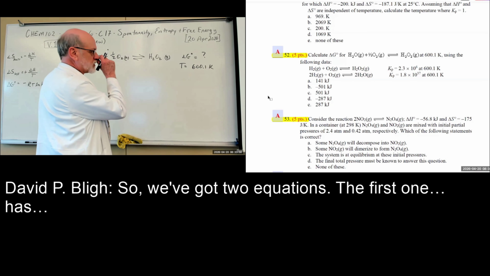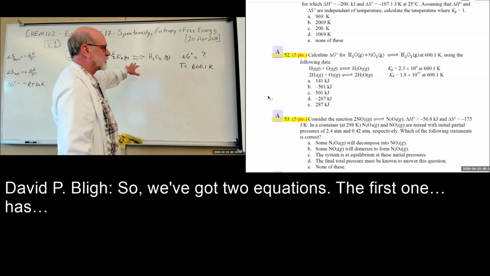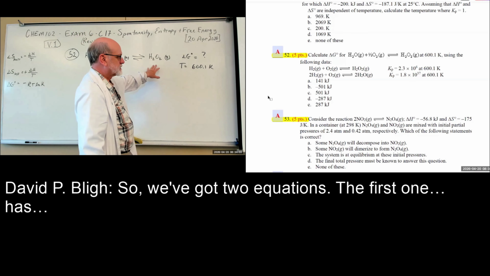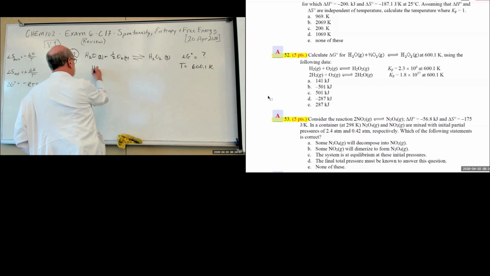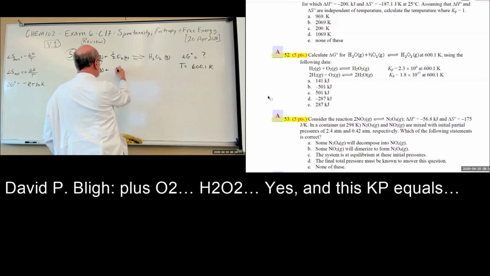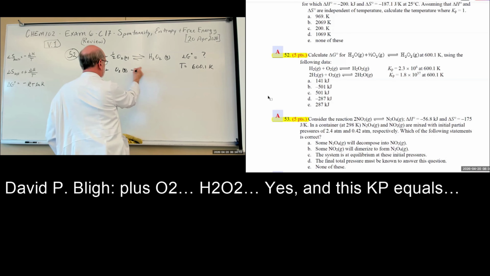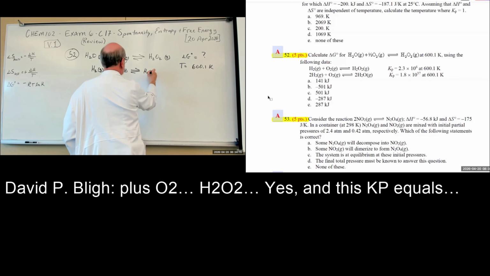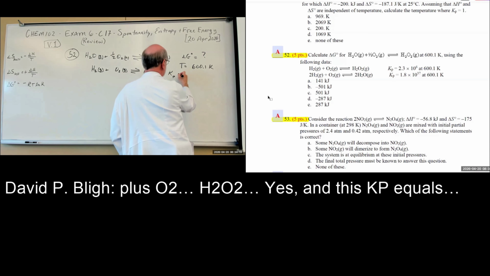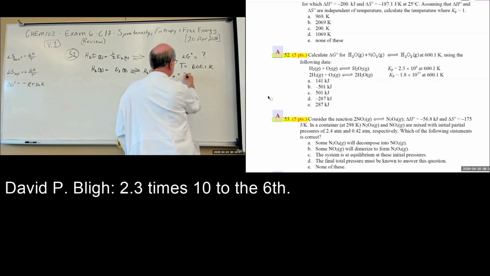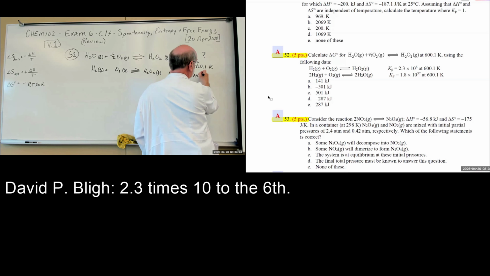We've got two equations. The first one has hydrogen peroxide on the correct side, so we can put that in: H2O2 gas, and this Kp equals 2.3 times 10 to the 6th.